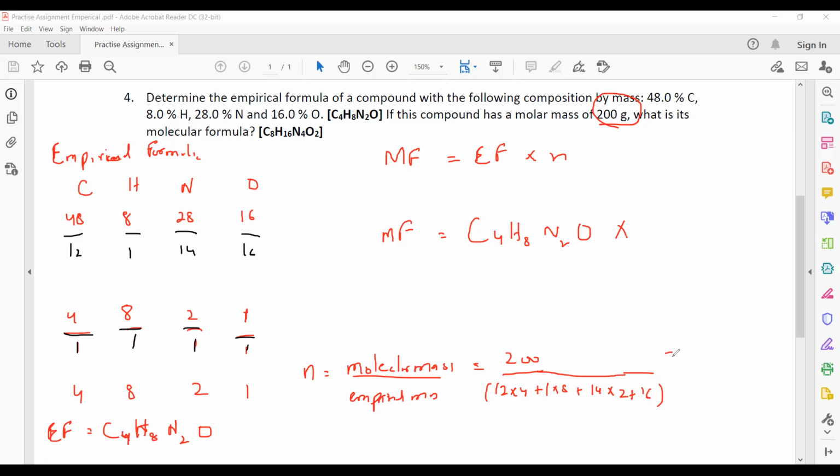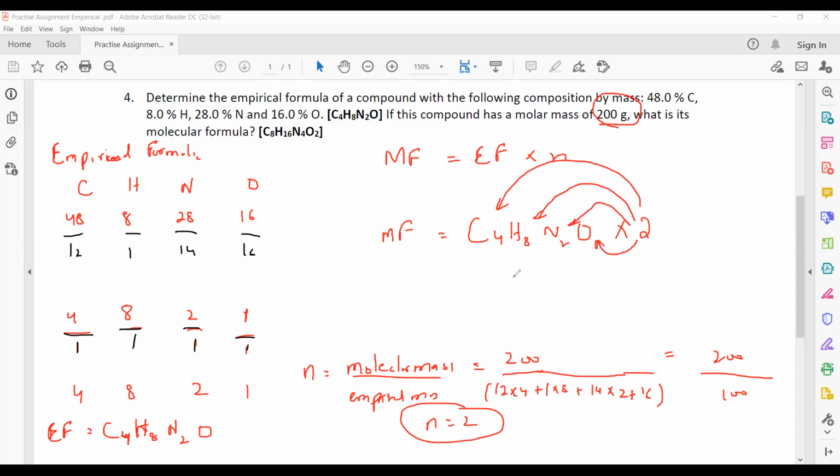So the total sum, 48, 56 it will be, plus 28, 16, the total sum will be 100. So value of n, 200 divided by 100, is equal to 2. So this 2 is multiplied with carbon, hydrogen, nitrogen, and oxygen.